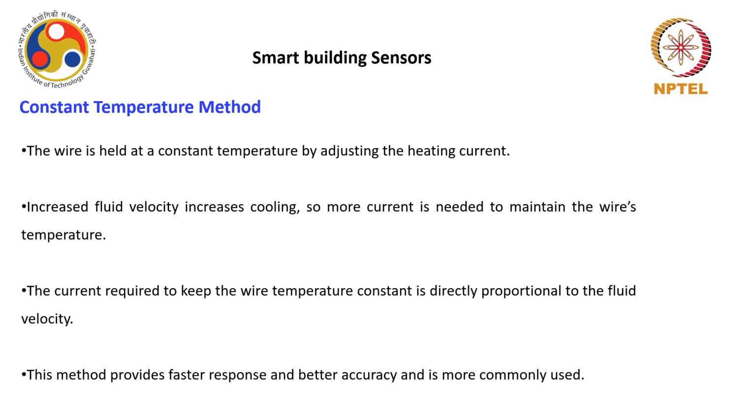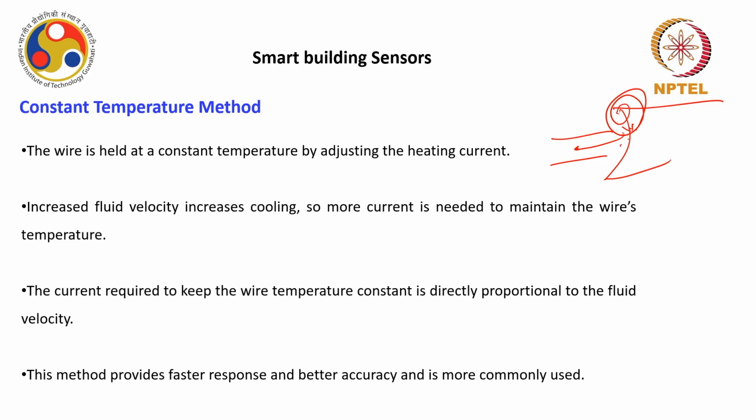So people have come up with another method, known as the constant temperature method, which I was just talking about. If this is a thin wire and heat is getting extracted from it, the temperature will go down, and then you have to change the current passing through it to maintain the temperature.